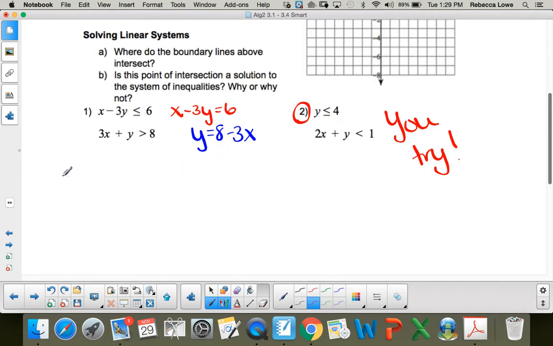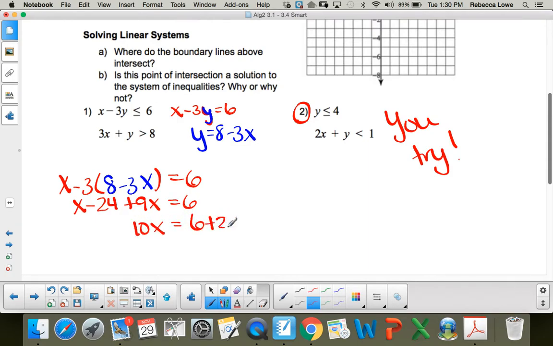So I'm going to take the blue, and I'm going to substitute it in for the y of the red. You guys, we did this in the previous section. So I took the 8 minus 3x, I know that's what y equals, and I put it right in here. And now I've just got an equation in terms of x. So I'm going to distribute, and then I'm going to solve for x.